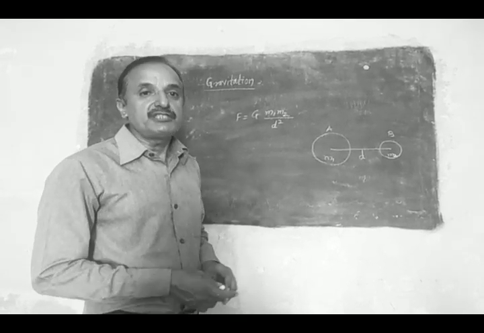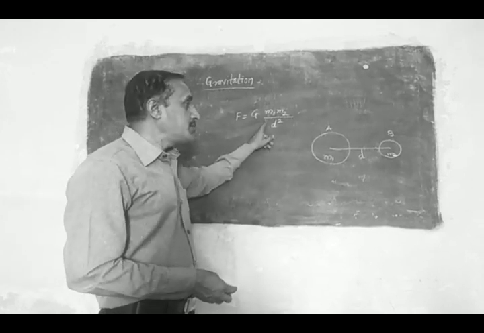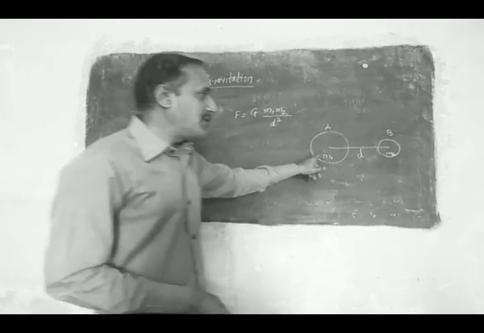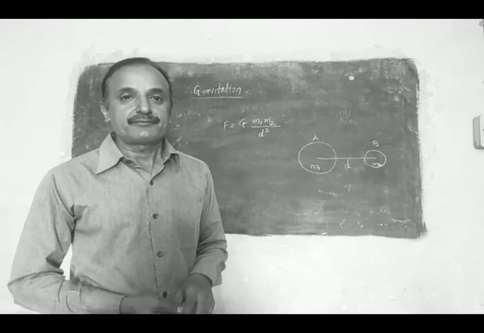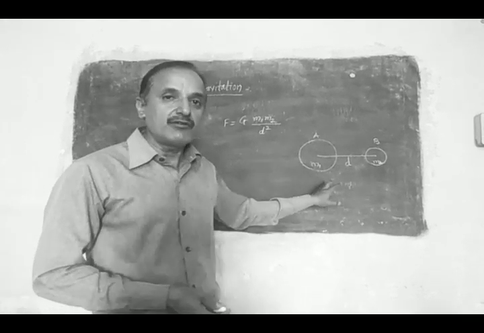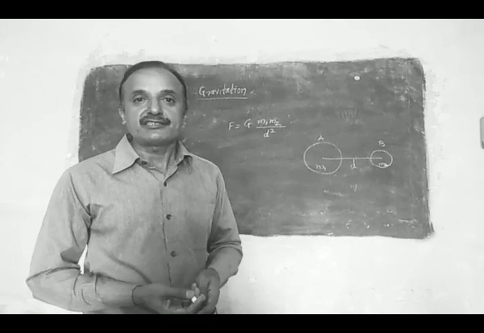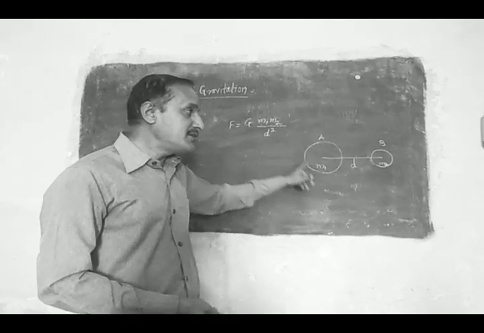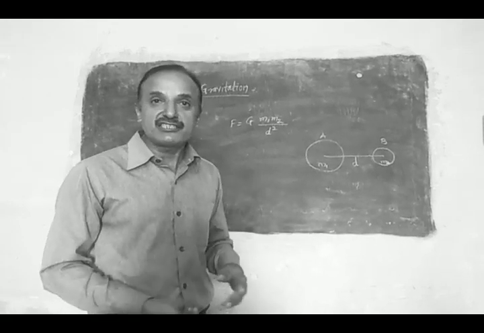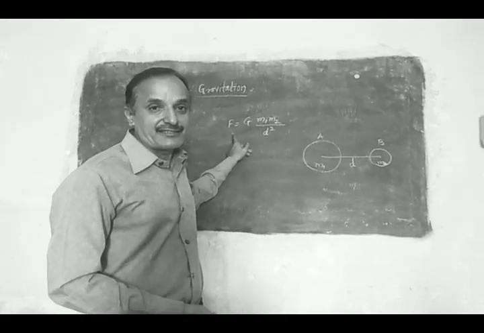Before finding the value of G, see, if we make the masses double, what happens? The product will also increase, which means the force will increase. If we double the masses, the force will be double.